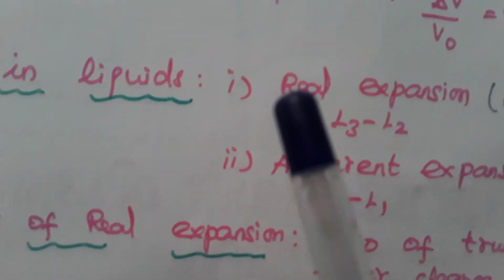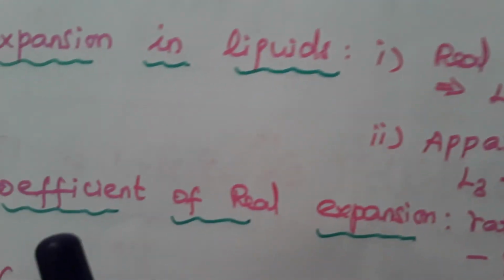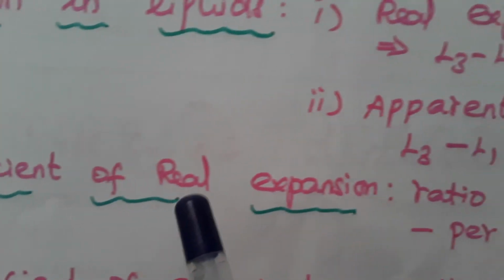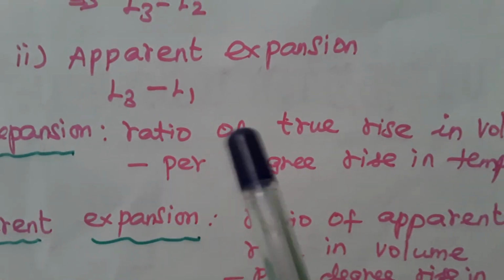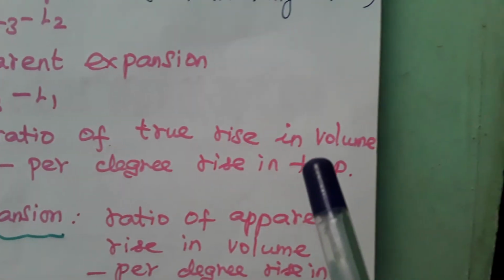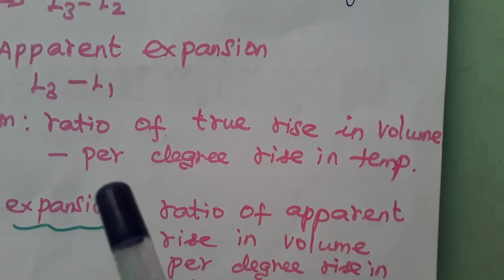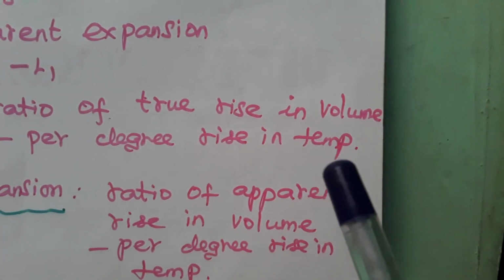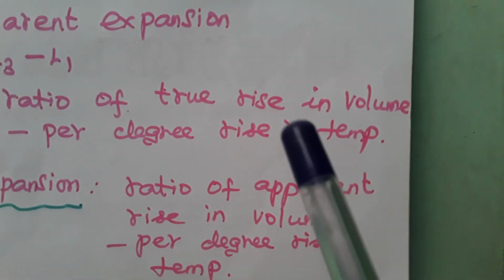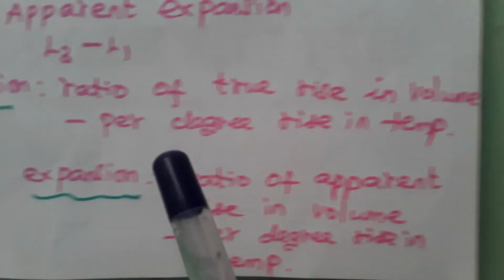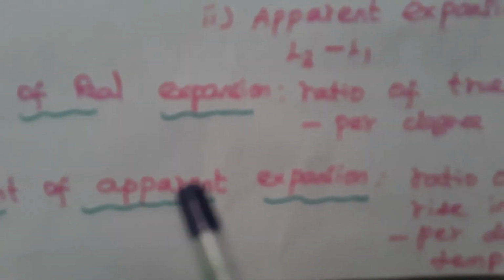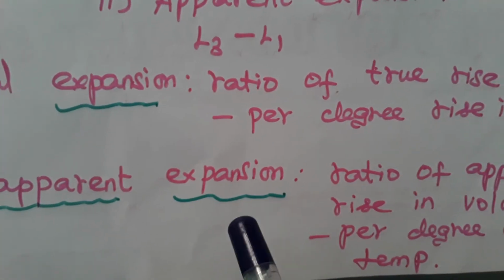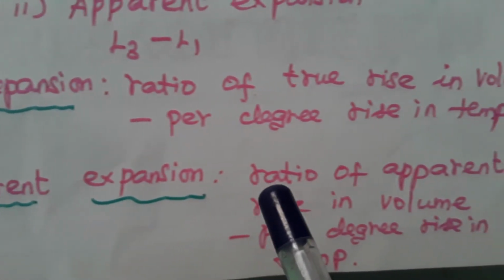Next, we are going to see the first topic, coefficient of real expansion. Define coefficient of real expansion. Ratio of rise in volume per degree rise in temperature. It is called coefficient of real expansion. Next, we are going to see the coefficient of apparent expansion. What is the definition?